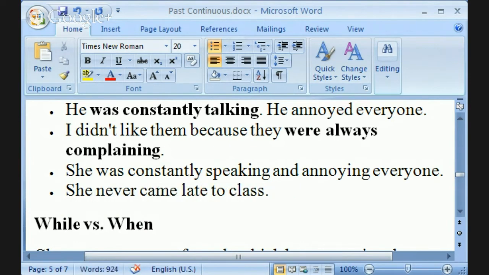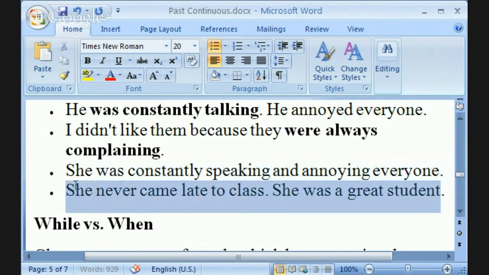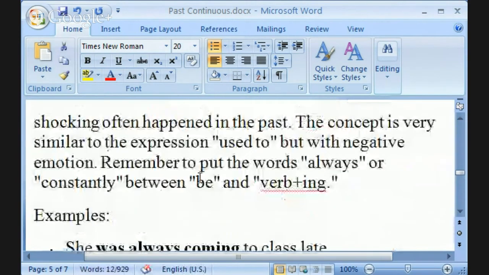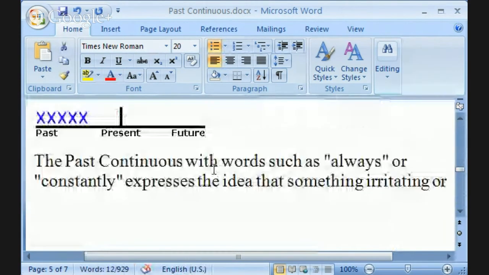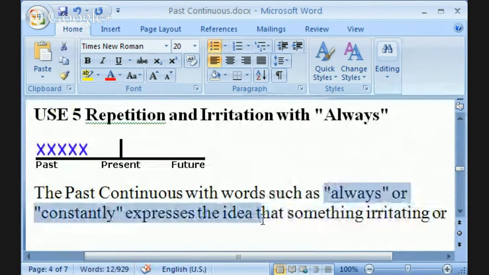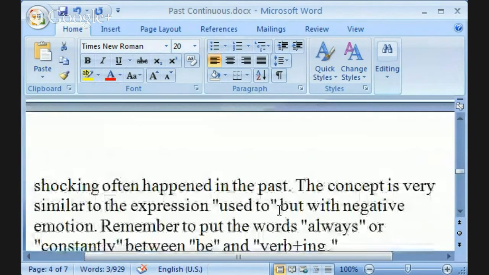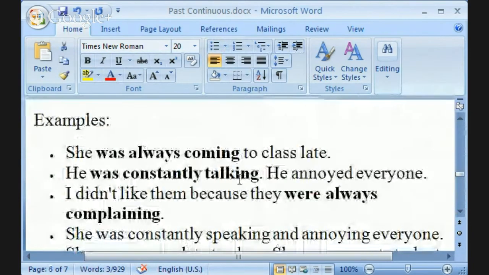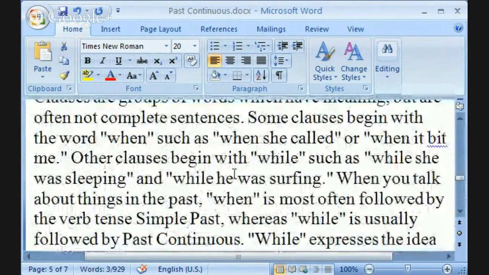She was a great student, like that. So if I wanted to express the opposite, I would just use simple past. That's what I wanted to show you. We basically use this past continuous with always or constantly because it's very negative, or we feel negatively about it. You're not going to use it in a positive way.